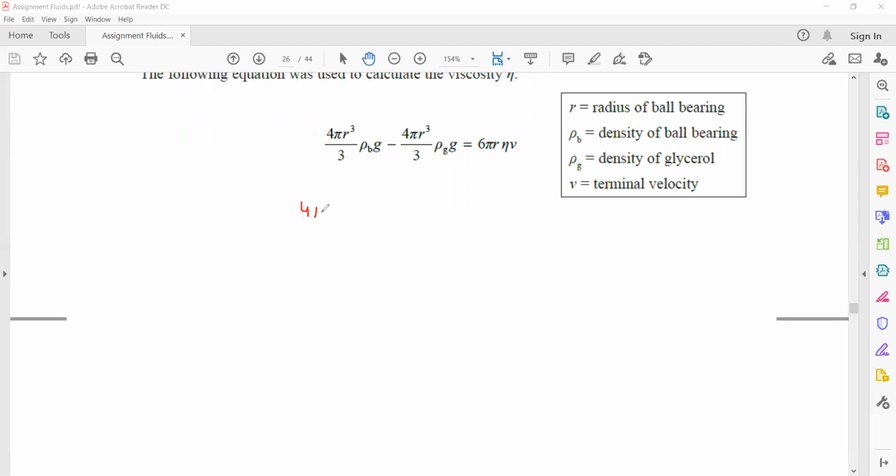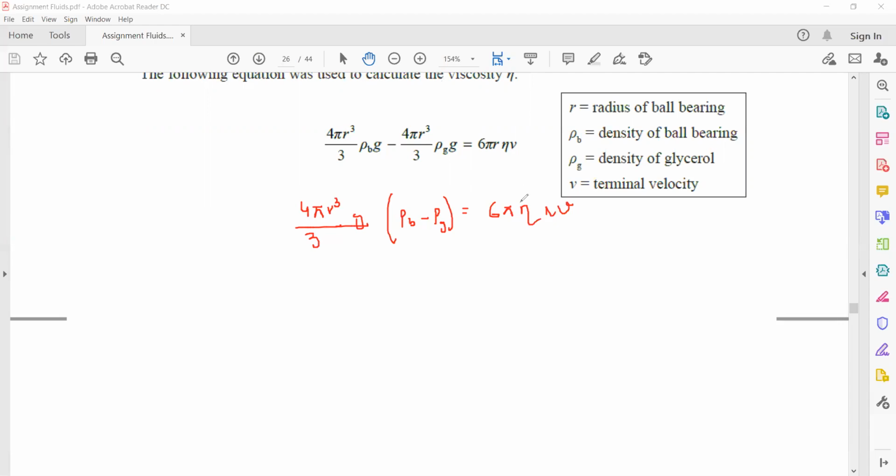So 4 pi r cube, 3 and g is constant. Then it will be density of the ball minus density of the glycerol equal to 6 pi eta r v.